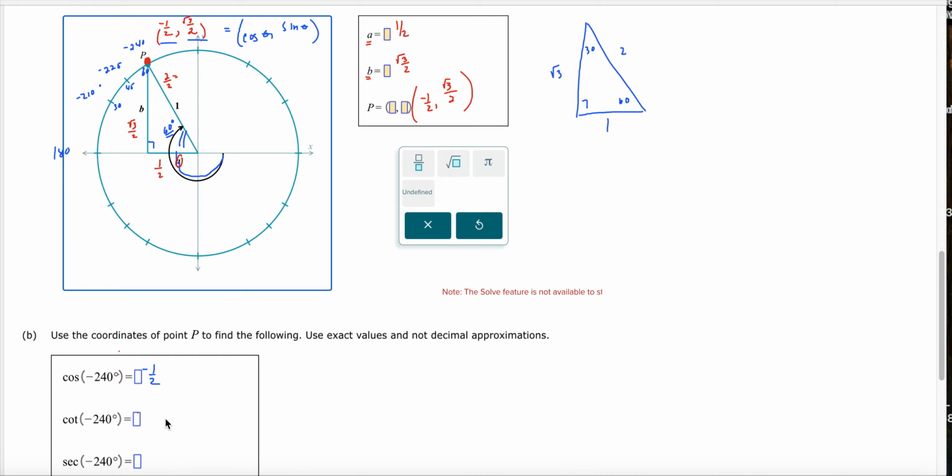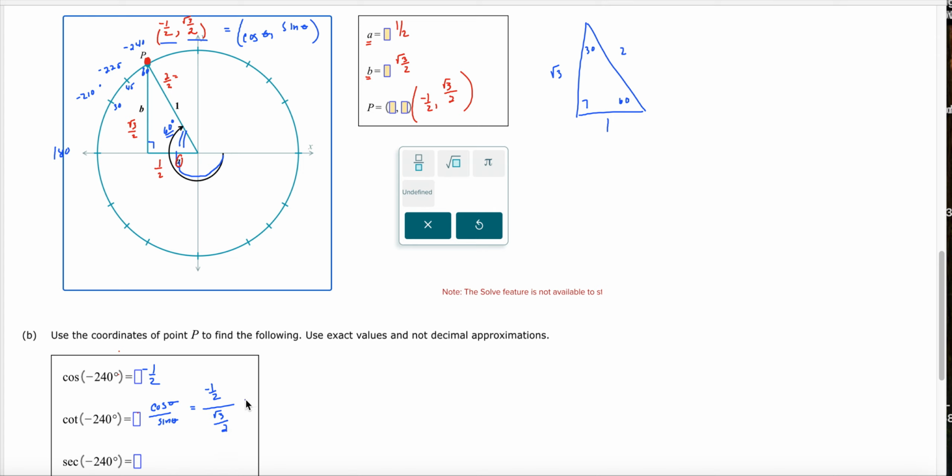So cotangent, remember cotangent is the same as cosine theta over sine theta. So cotangent would be cosine, negative 1/2, over sine theta, which is square root of 3 over 2.